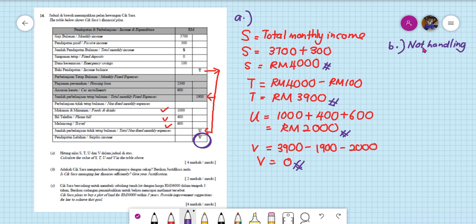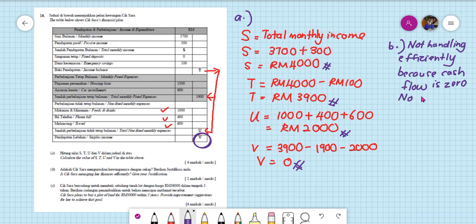Why? Because her cash flow is 0, and she has no extra.